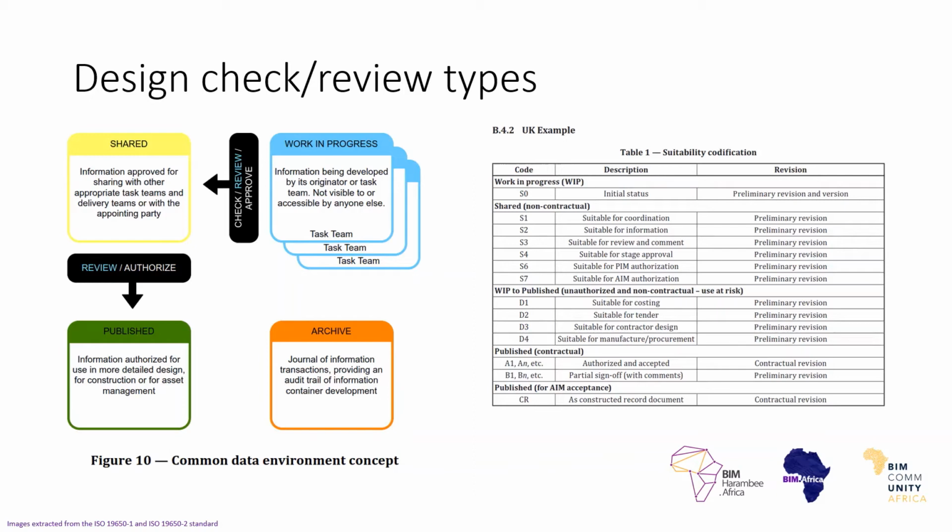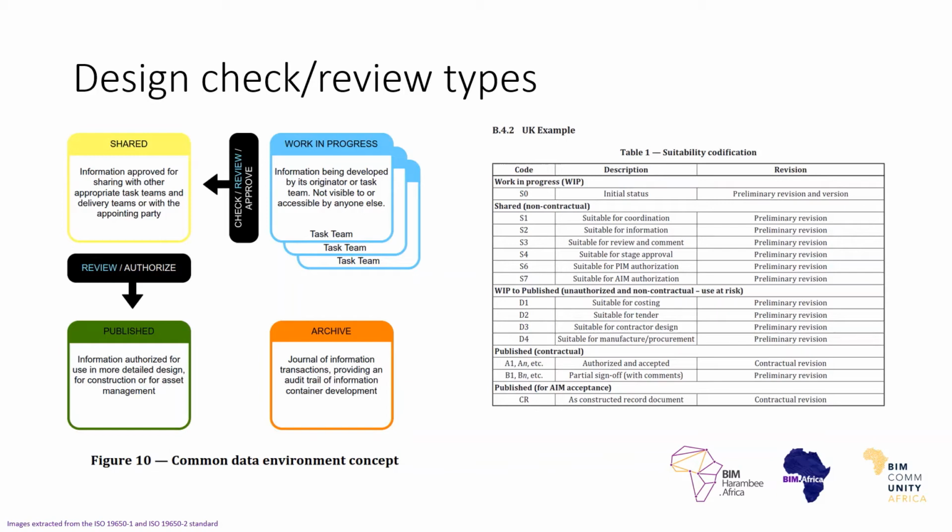But that's also really critical: when we're sharing information for people to check it or review it, or even to use that information, we need to give some indication of the suitability of that drawing or that model.